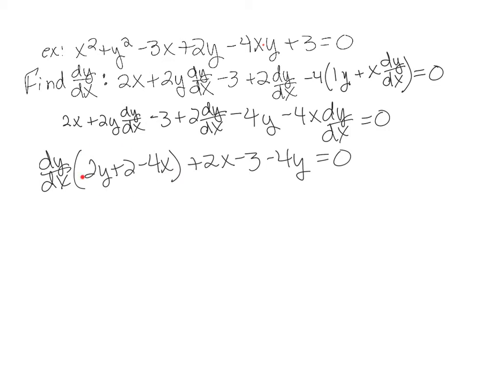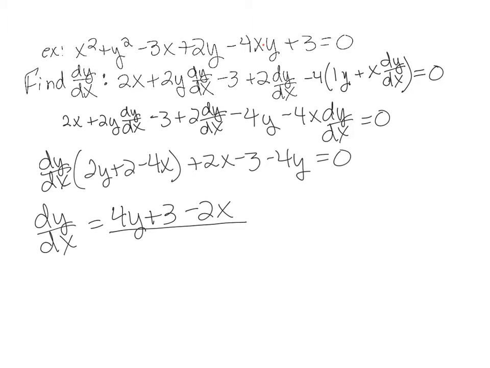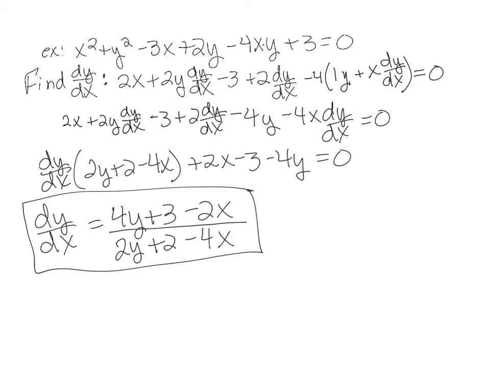So now all I have to do is move this stuff over to the other side and then divide away the stuff I don't want. So I'm going to get dy dx equals, I'm going to add 4y, add 3, subtract 2x, and then I'm going to divide away the 2y plus 2 minus 4x, and I am done.